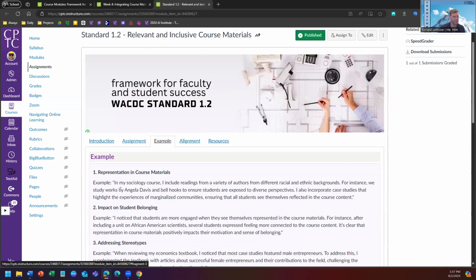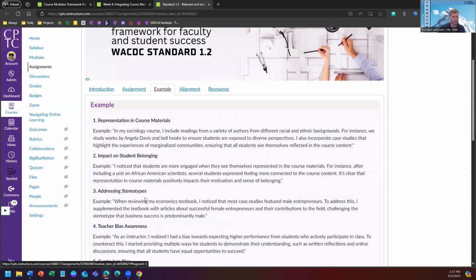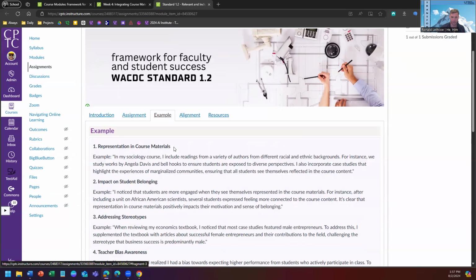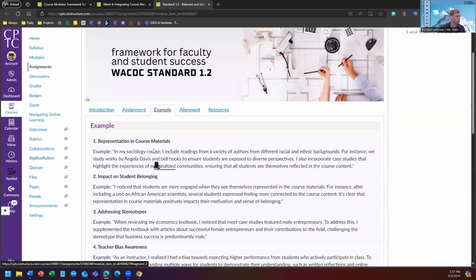Like I said, there are some examples here if you want to get some ideas of what you can put. Once you're done, just do what you've been doing and submit it as the assignment, and I will check it when I check it.